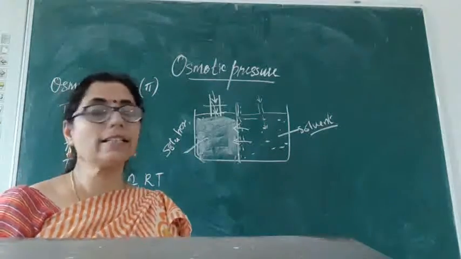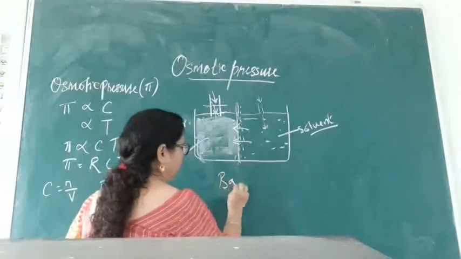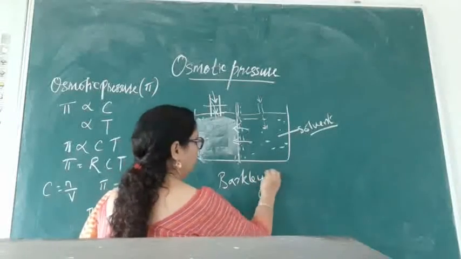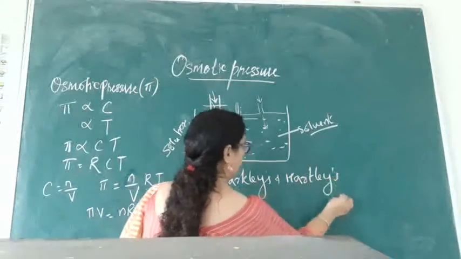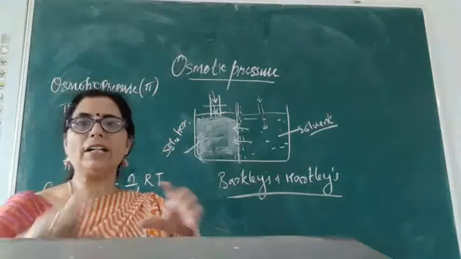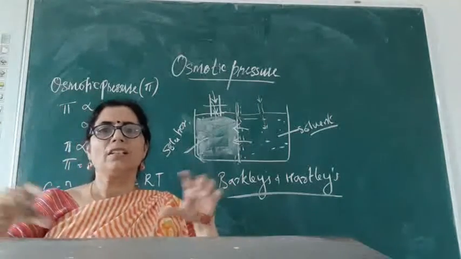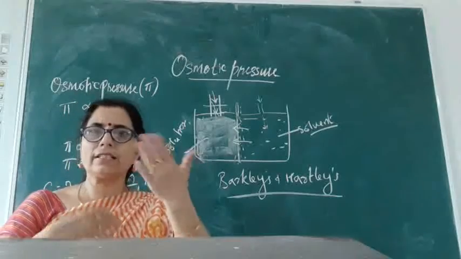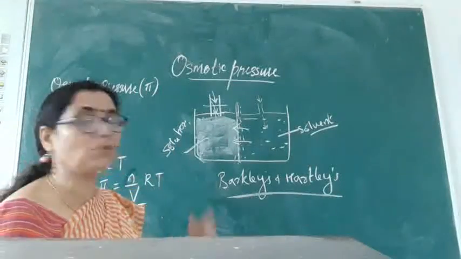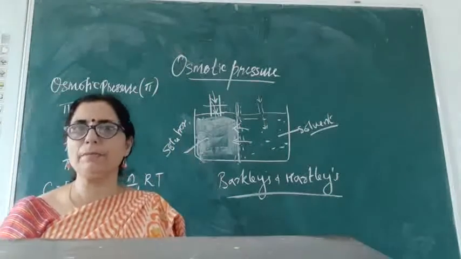One is the Berkeley-Hartley method. In this method, a porous tube containing the solvent is taken and surrounded by a container containing the solution, and osmotic pressure is maintained.